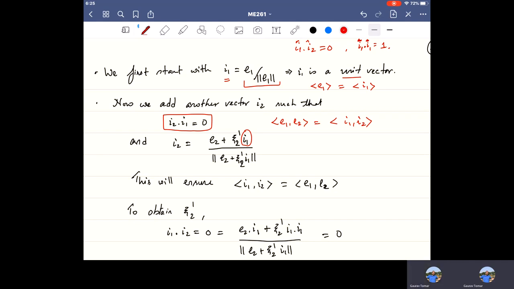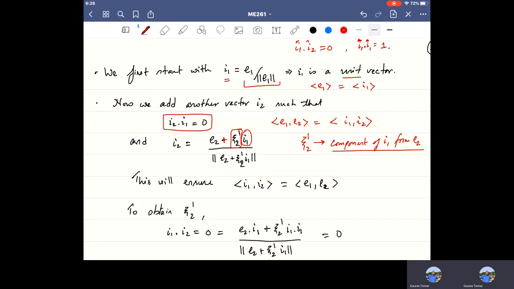That's the way we have to evaluate this coefficient xi21: it will take away the component of I1 from E2.